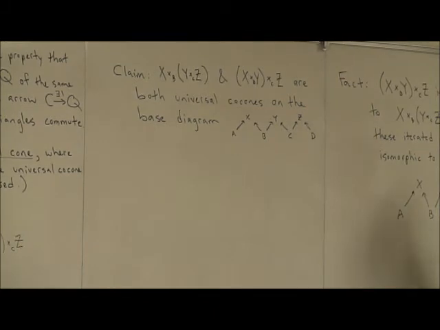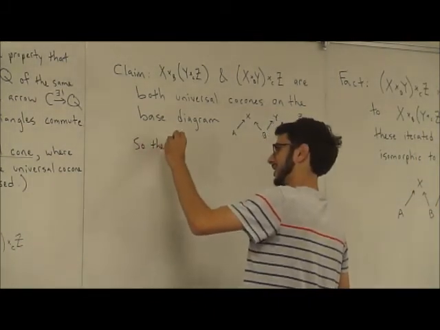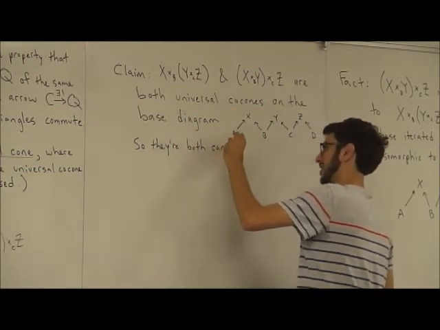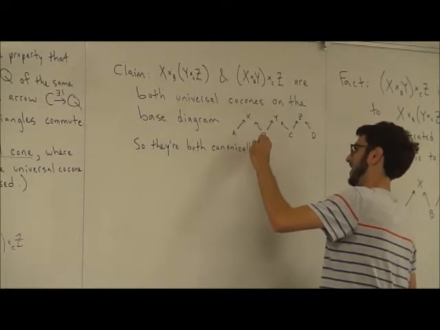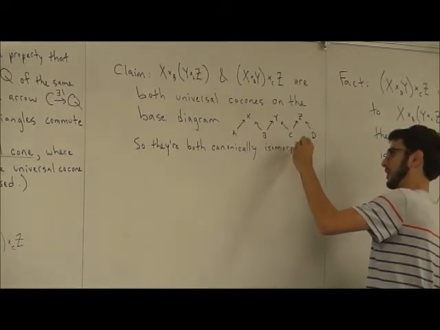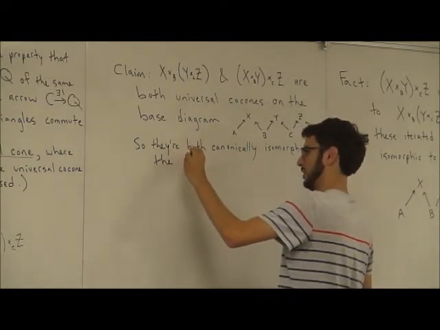So they both do the job of being a colimit. They're both canonically isomorphic to the colimit.